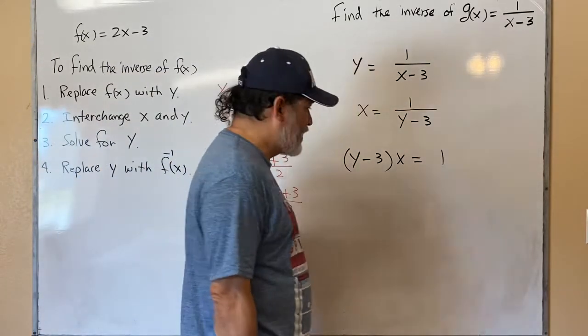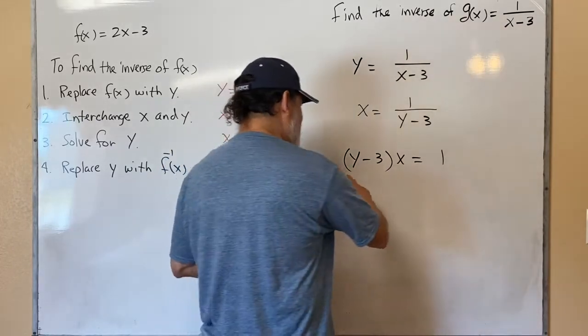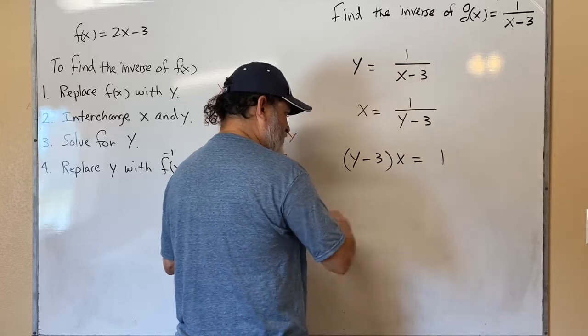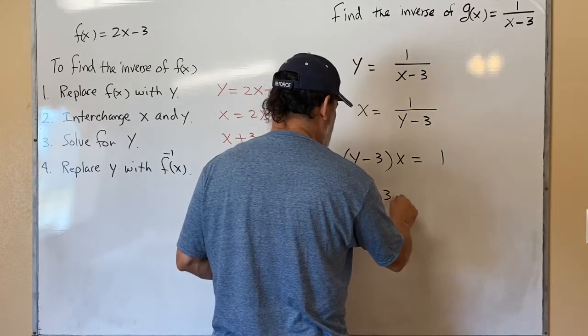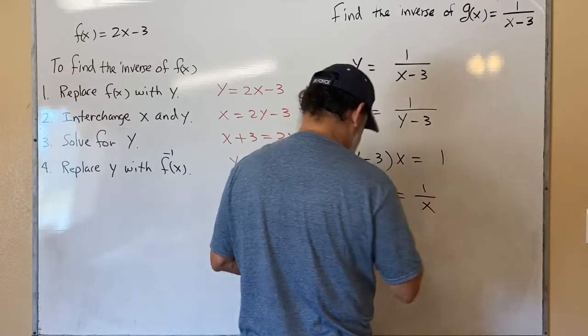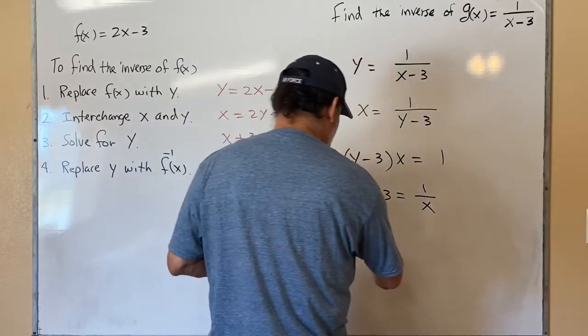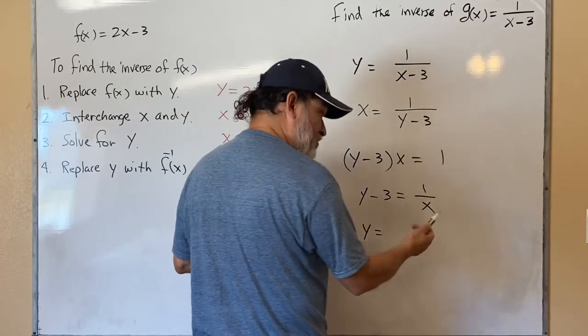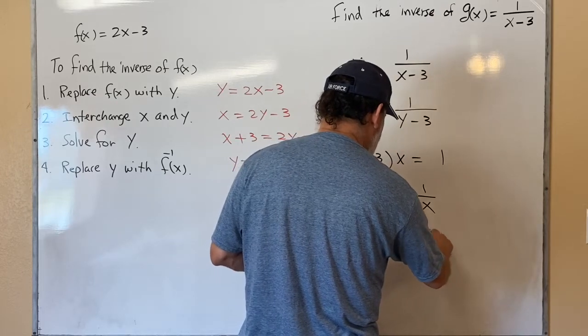Next step, divide both sides by x. Divide this by x, cancels, divide this by x. So y minus 3 equals 1 over x. Add 3. So y equals 1 over x plus 3.